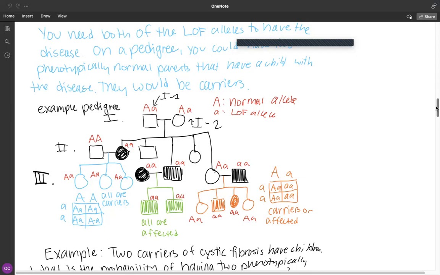So phenotypically, they're not affected by this disease, again, either sickle cell or cystic fibrosis. But you'll notice individual 2-2 is affected. So we know that to have an affected child and to have phenotypically normal parents, that means that the phenotypically normal parents have to be carriers.